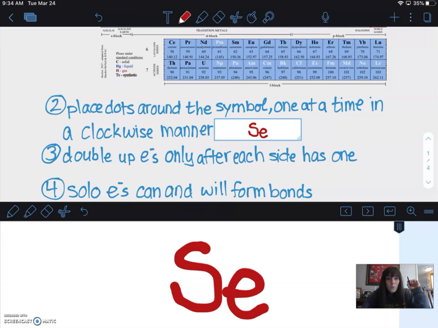So one at a time, clockwise: 1, 2, 3, 4. It's a little slow. And then we double up electrons, so there has to be 1 on each side. So 5 would go here and 6 right there. And so that's pretty much how we do it.